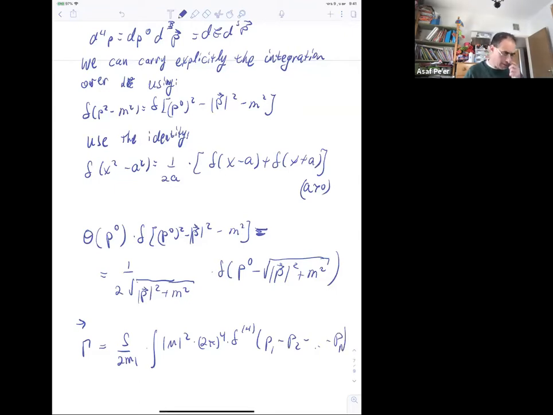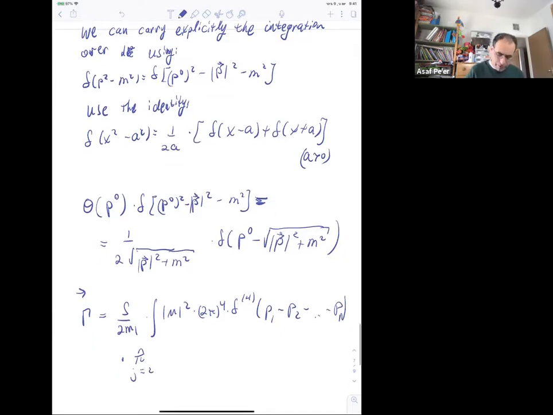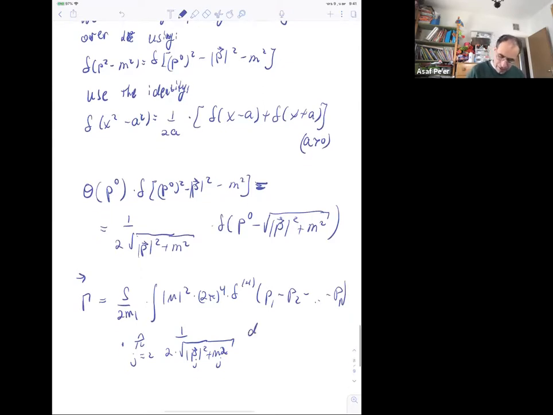We haven't touched that, times product over j from 2 to n of 1 over 2 times square root of pj squared plus mj squared. And then we have just integral d cubed pj over 2 pi cubed, right? One of the 2 pi was cancelled.